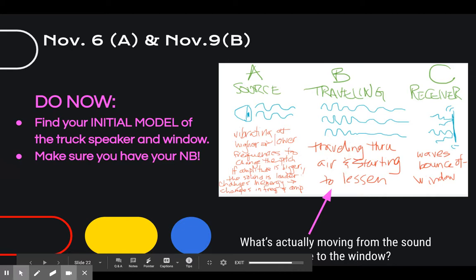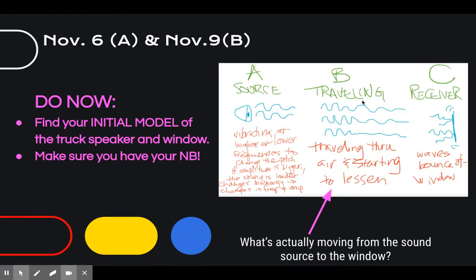You need to fix part B and C in your model. This is not what is happening here. Traveling through the air, what's traveling through the air? We just talked about it. You need to add that to your model. And then finally, when whatever is traveling through hits the window, what happens? That's what you need to get done. And you will have an opportunity to show me the model and get some feedback before you turn it in.